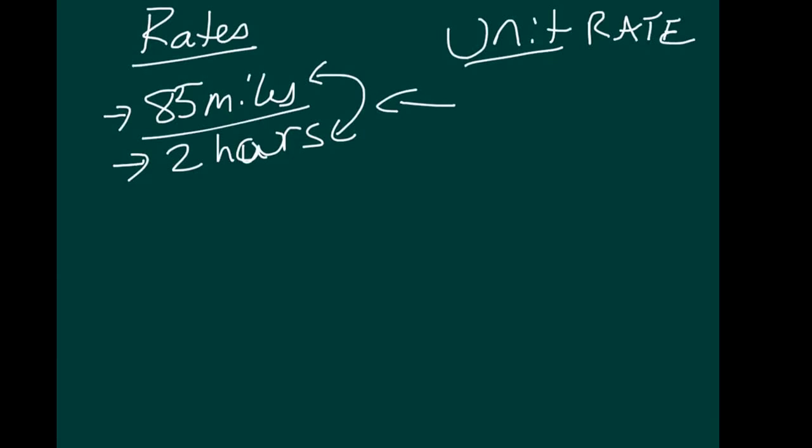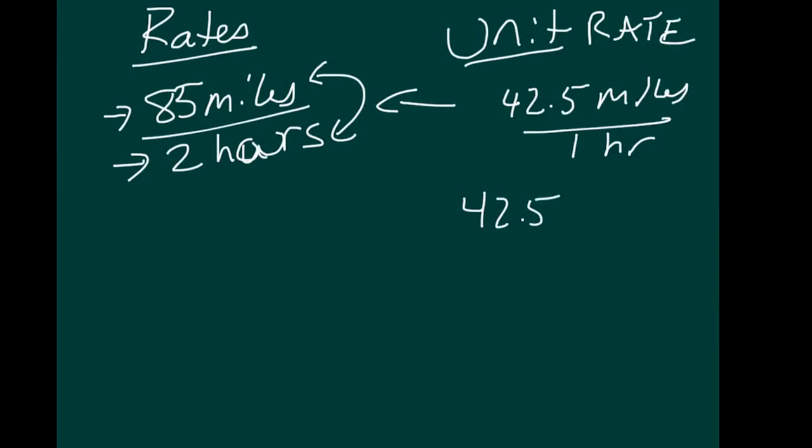So in this case, the unit rate: the 85 is divided by the 2, and you get 42.5 miles per 1 hour, often written as 42.5 miles per hour. Per always means divide. The miles are divided by the hours, not the hours divided by the miles. 42.5 miles per 1 hour. That's why it's a unit rate.